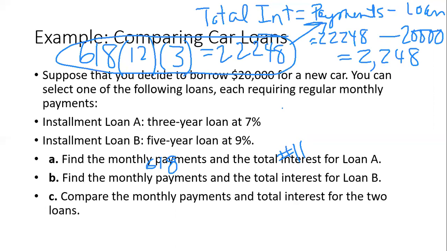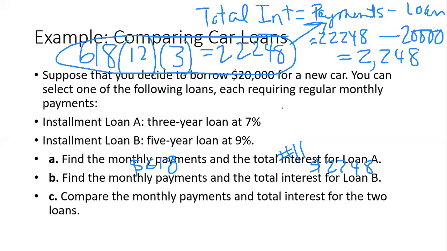So that is the amount of interest that we end up paying for this loan. So $618 a month, but over the course of the 3 years, over 2,000 of that goes towards interest and not the actual car amount.